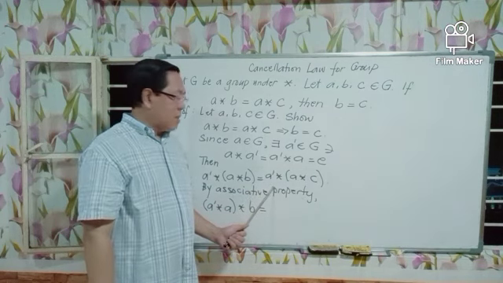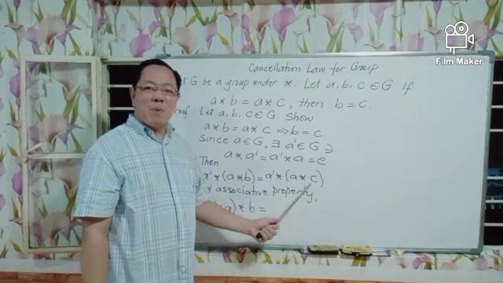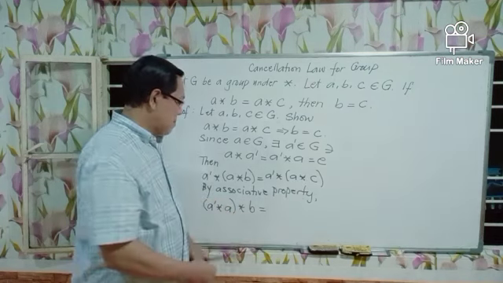By associative property, this is now equal to quantity A prime star A star C.